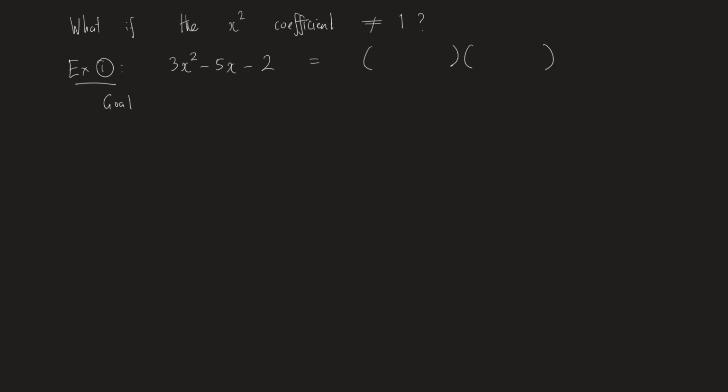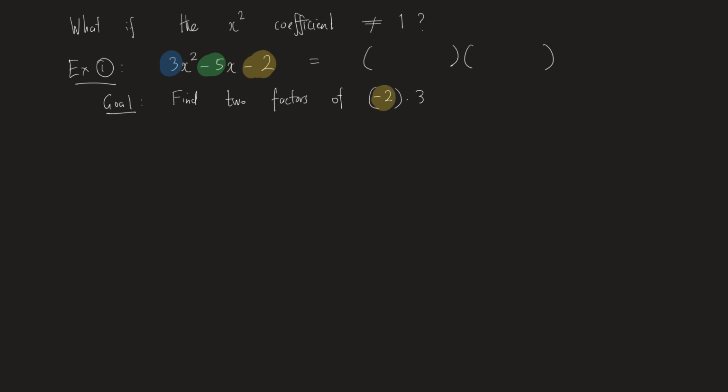But the goal in this case will look a little bit familiar. So in this case, we need to work with all three coefficients. So the coefficient of the x squared term, the coefficient of x, and the constant term. So when that x squared coefficient is not 1, our goal is to find two factors of, in this case, the product of the constant term times the coefficient of x squared.